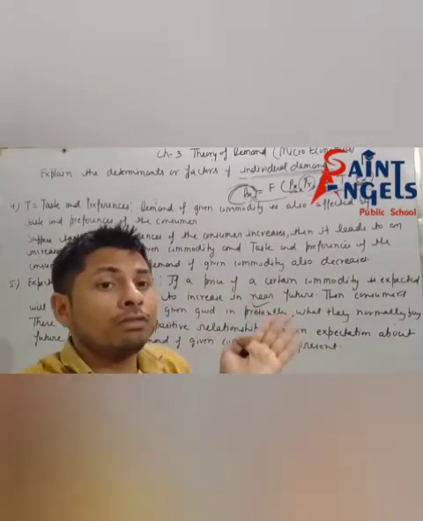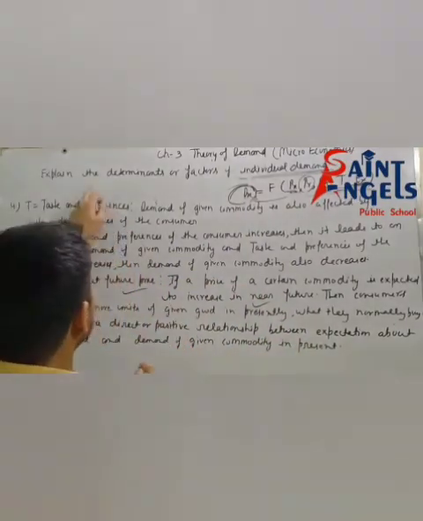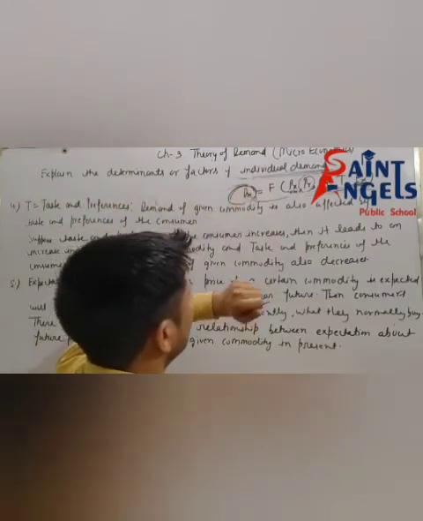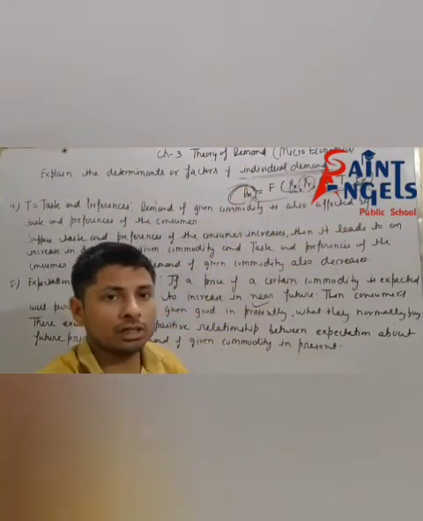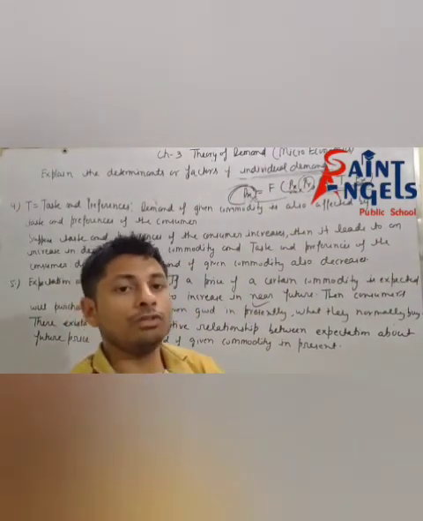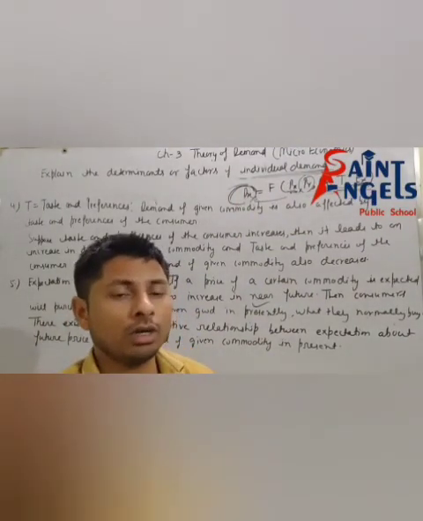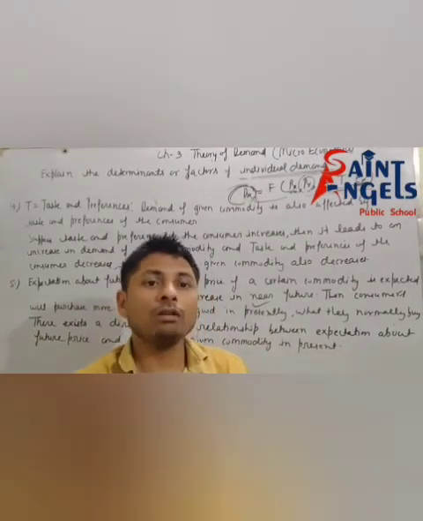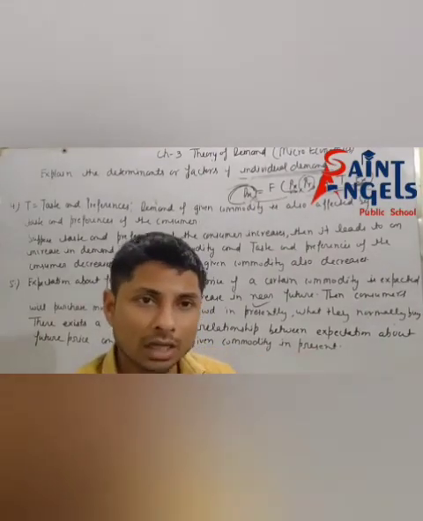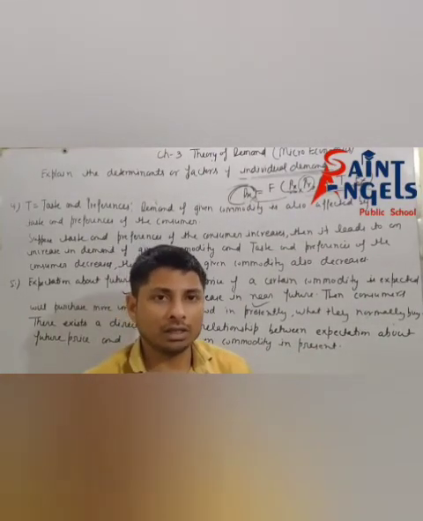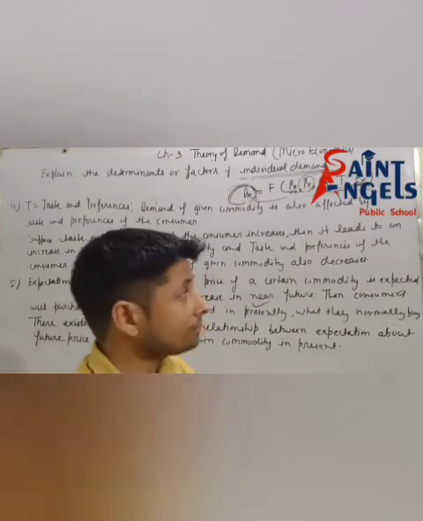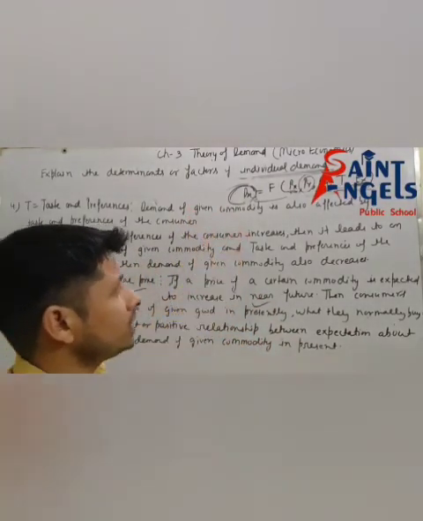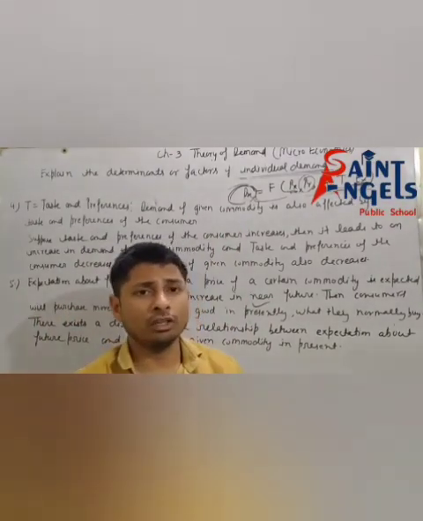There are eight factors which are affecting market demand. In individual demand there are five factors, but in market demand there are eight factors. I hope all of you have understood. Now we will discuss factors of market demand. Have a good day and thank you very much.